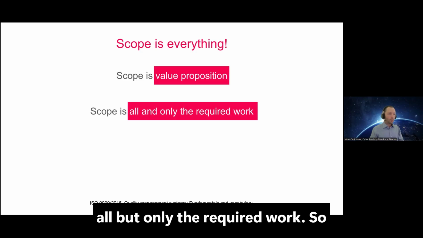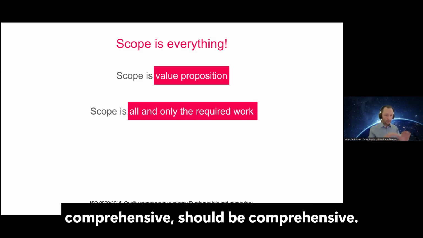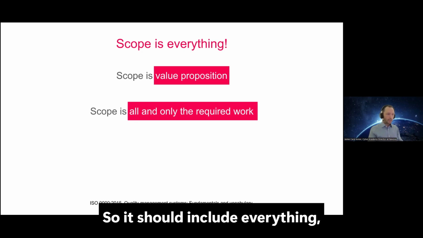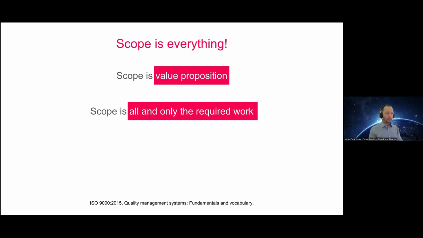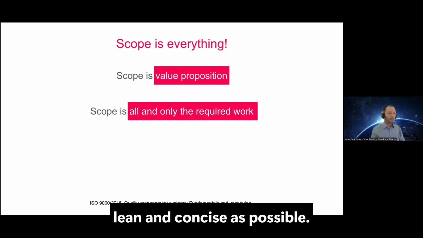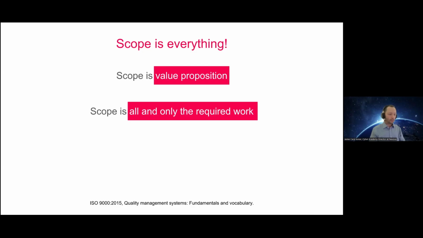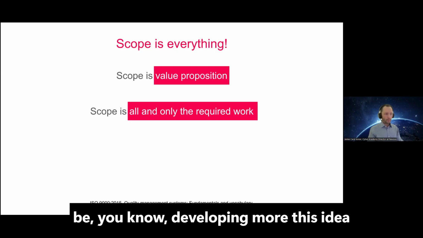Scope is also, as I said before, all but only the required work. So at the same time, it should be comprehensive. It should include everything, but it should only include what's required, which means it should be as lean and concise as possible. And this is a big thing. We're going to be developing more of this idea later on.